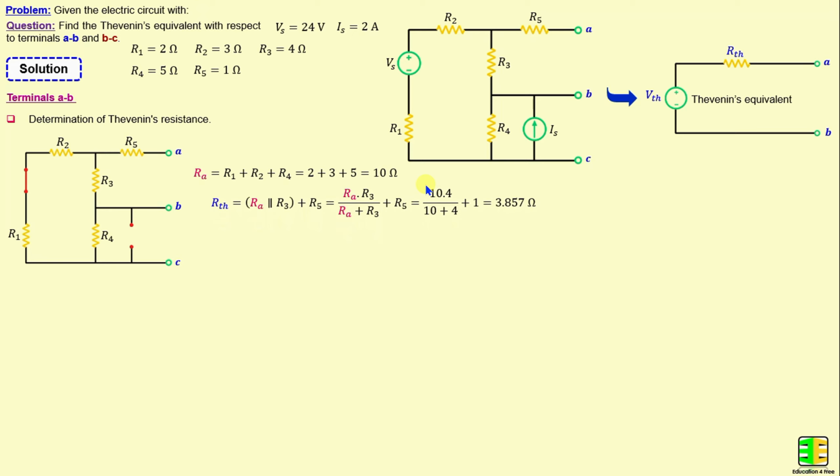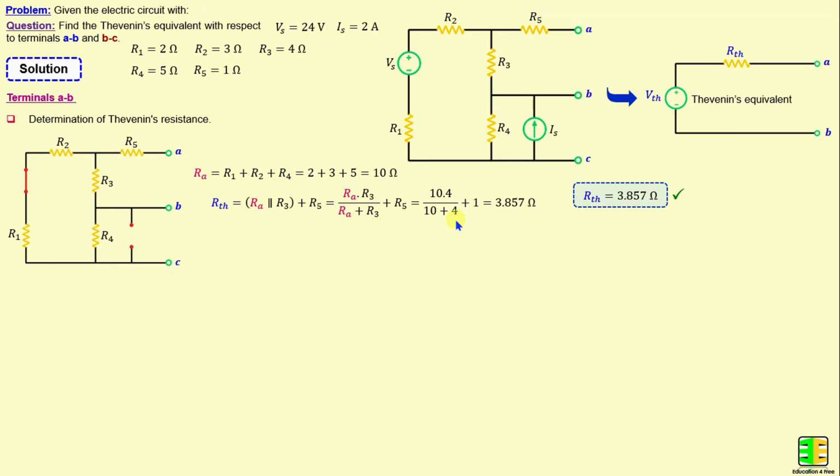RTH is equal to the parallel combination of RA and R3, both connected in series with R5. Therefore, RTH can be calculated using the following formula: RA times R3 over RA plus R3, plus R5. We get RTH is equal to 3.857 ohms.